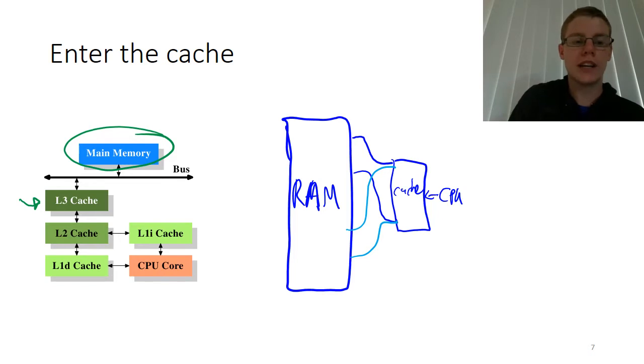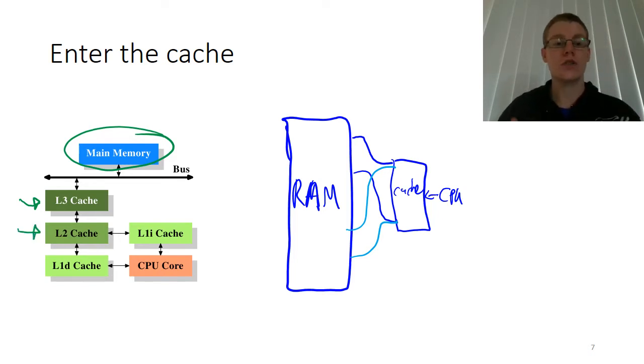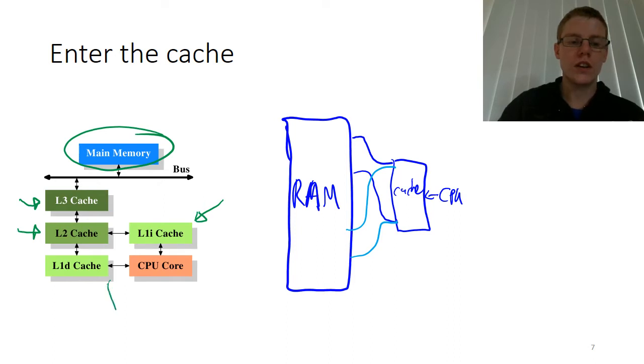And then we actually have a cache of the cache called the L2 cache, which is again faster, smaller, and closer to the CPU. And in this case, we've actually got 2 versions of the highest level cache, the L1 cache. In this case, we've got an L1 cache for instructions and an L1 cache for data.